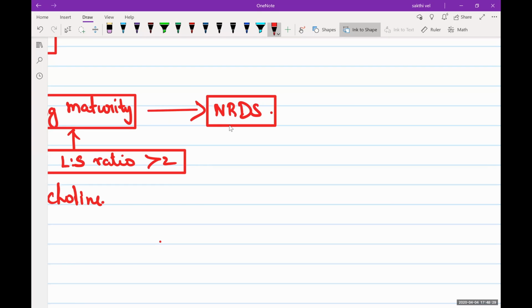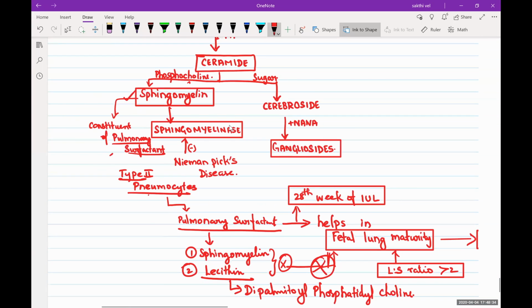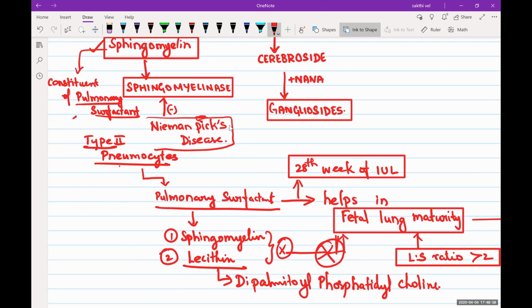So you should be very, very careful about this entire concept, people. Pretty important concept. So what happens in Niemann-Pick's disease? There will be a sphingomyelinase deficiency. When there is a sphingomyelinase deficiency, what happens immediately? Sphingomyelin will start accumulating. Very, very important MCQ.